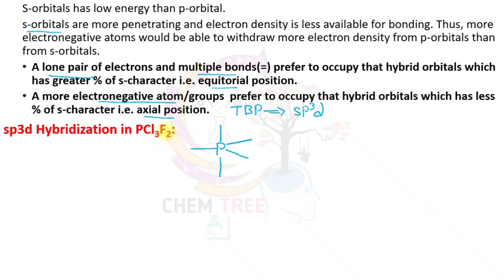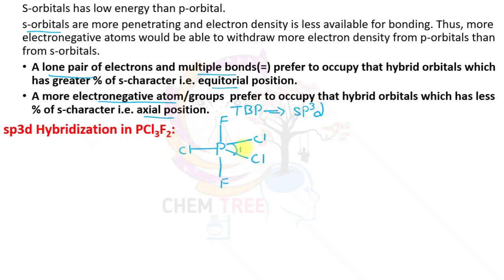The preference of chlorine and fluorine positions is placed according to Bent's rule. Here, the fluorine is more electronegative than the chlorine. Therefore, it will occupy the axial position, and the chlorine occupies the equatorial position.